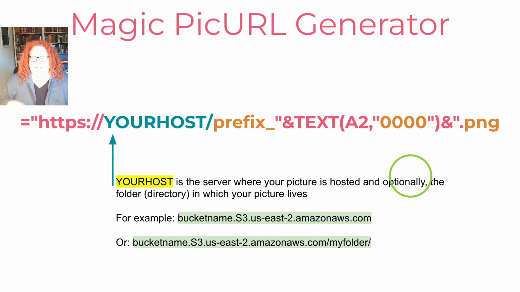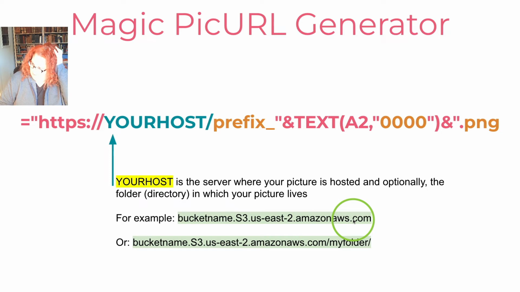You don't have to do it that way, but if you did, your URL is going to be something like your bucket name, which is an arbitrary name you chose for your whole master folder of images, then .s3.us-east-2.amazonaws.com. Now yours might not be US East, it might be a different location, this might be varied, but it's going to be something like this and end in .aws.com.